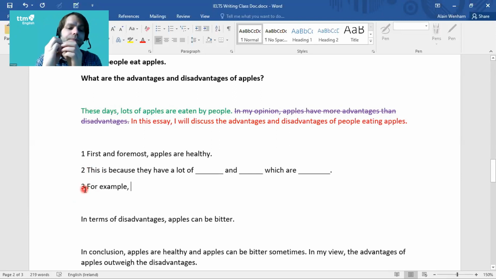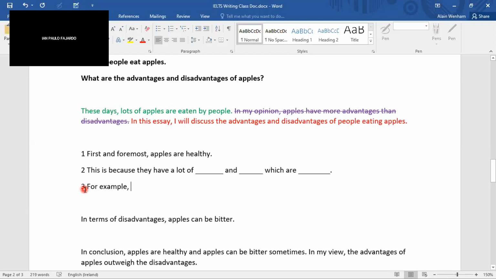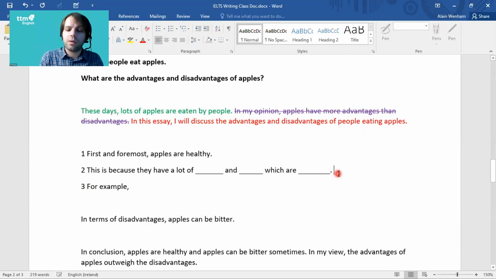Number 3. Okay, sir. This is because it is rich in vitamins and minerals. Also, most of the apples available in the market are organically produced, making it less harmful.